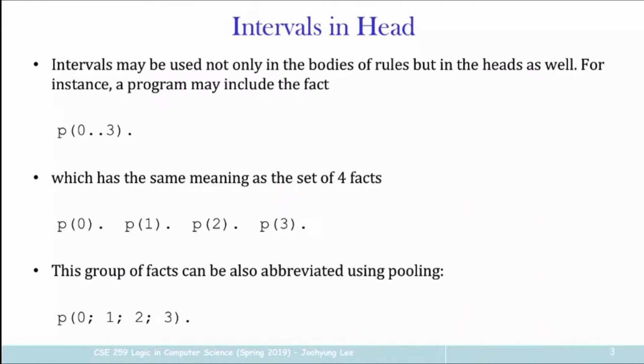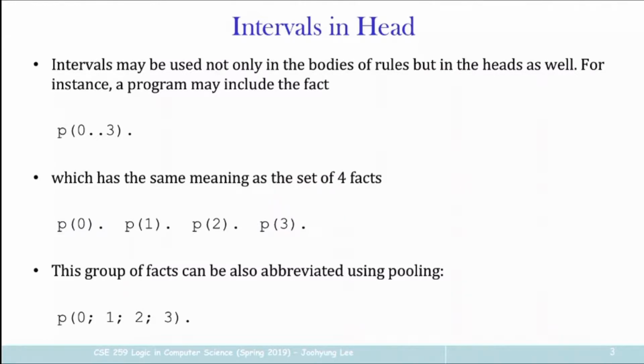Of course, you have also learned another way to shorten it using so-called pooling, where you don't have to repeat the predicate symbol, but put a semicolon as the separator, so that multiple elements can be put together. Pooling doesn't have to be used only for integers.